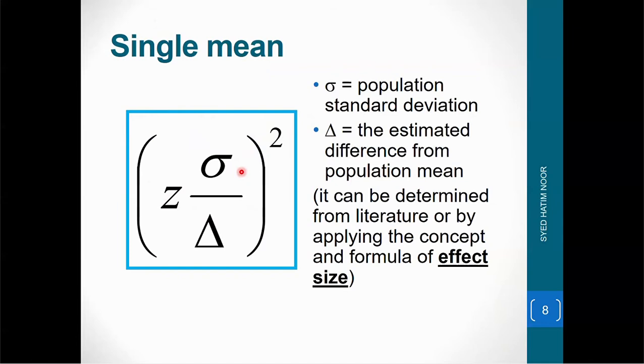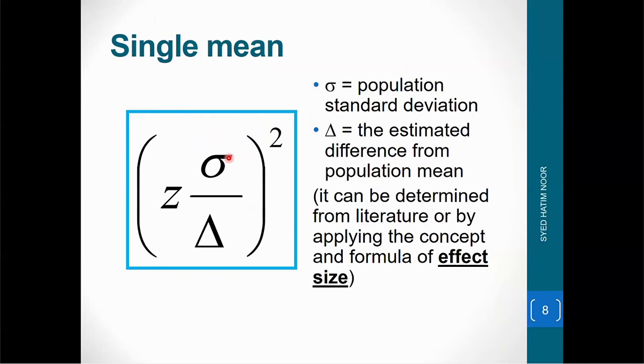Okay, for example, you found a few standard deviations from a few literature. Which one do you need to choose? For example, in Malaysia, a few studies have been done before, so there are a few standard deviations. Which one do you need to take?